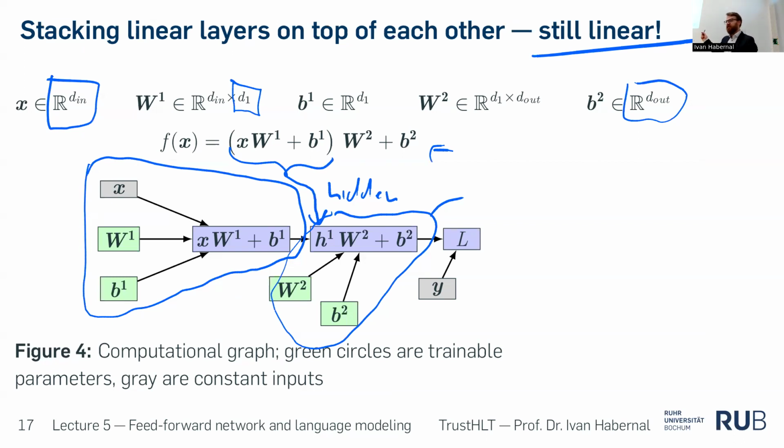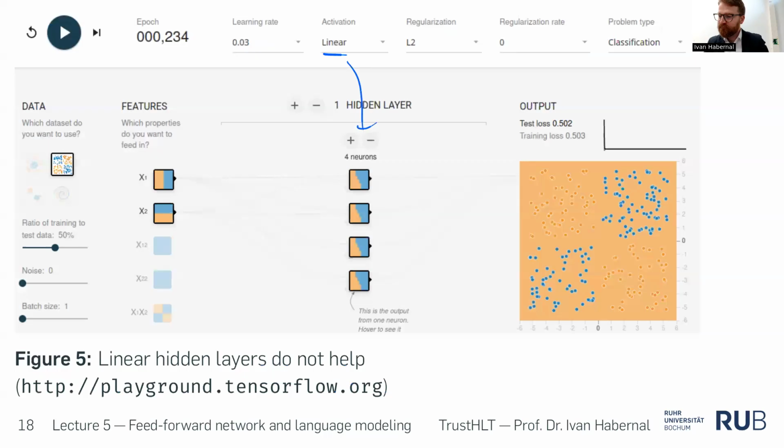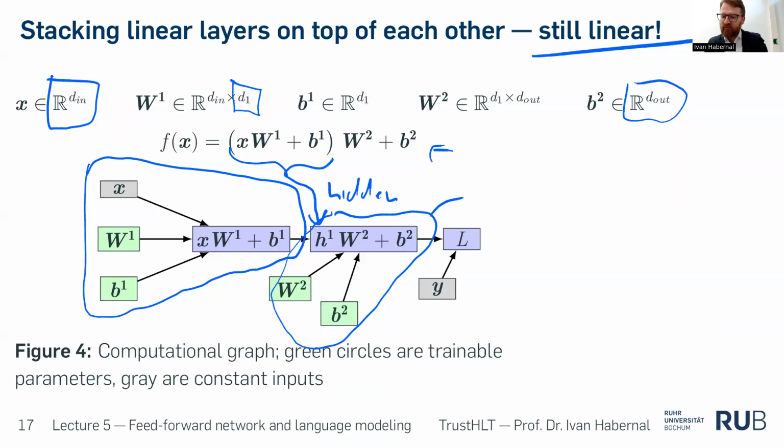But maybe we're onto something. Maybe we can plug something in somewhere to turn it into a nonlinear projection, right? Let's see. So where can we add some nonlinearity here?